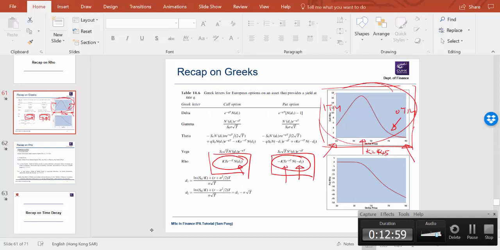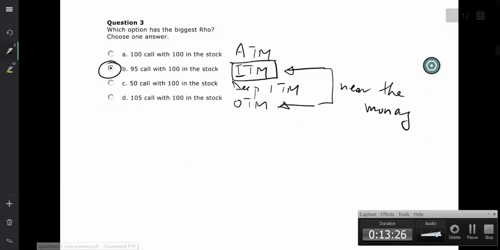You can even differentiate rho with respect to the strike price, and then you get a second derivative, and then you can determine where the maximum point would occur, and so on. But that's an exercise for your intellectual curiosity, which you probably don't have time for right now.